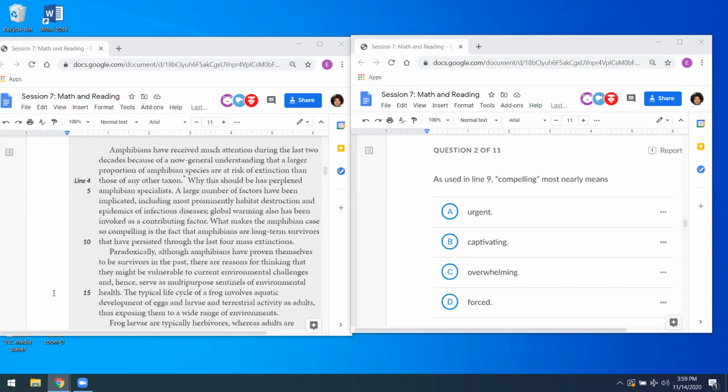I used process of elimination for this one, because the others just don't make sense if you substitute them into the sentence. Yeah, compelling. This is a little tricky, honestly.